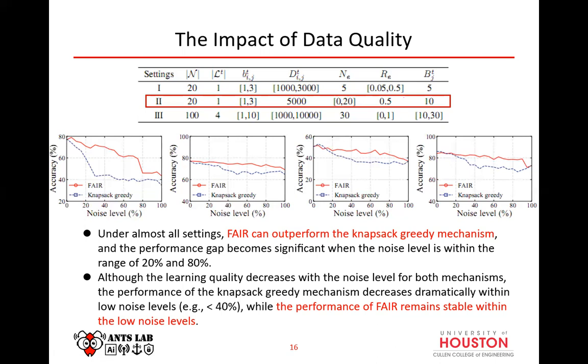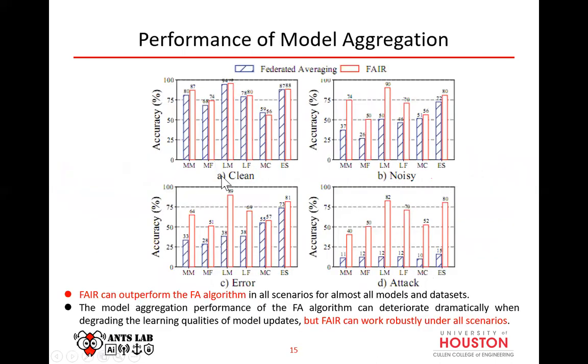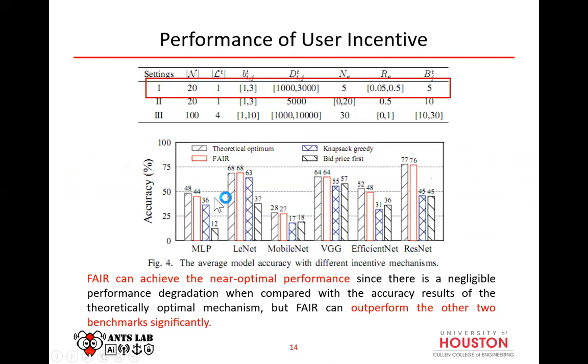I mean, those simulation figures don't deliver any useful information, at least on this page. If you go to the previous one, what does the figure want to show us here? Like I said, the theoretical optimal we all understand, right? But why is knapsack gradient lower than FAIR, only because of the quality design here?